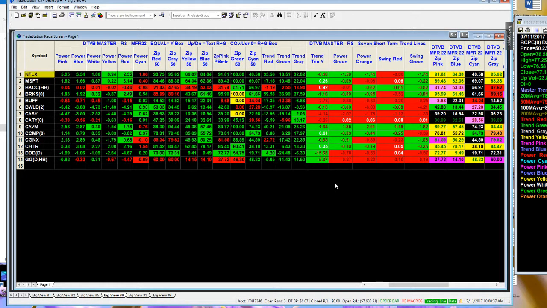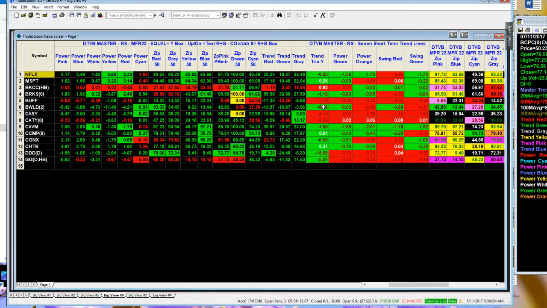And when you have the white text, it means that the indicator line is above zero, and when you have a dark red text, it means that the indicator line is under zero. So this is a real fast way to see where you're at.